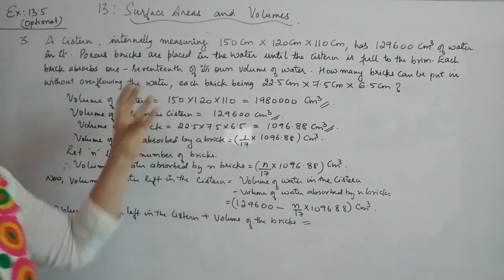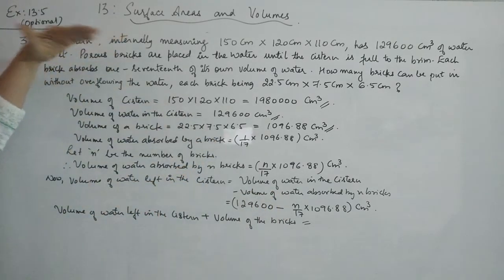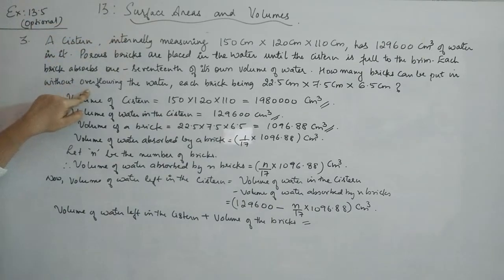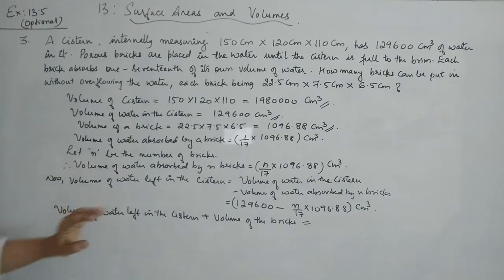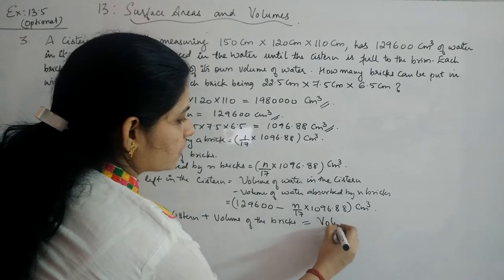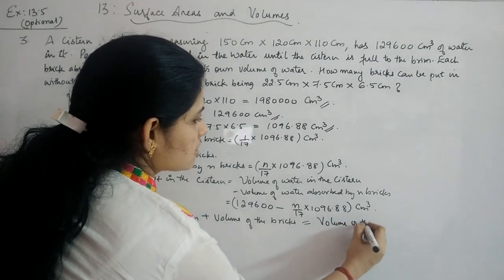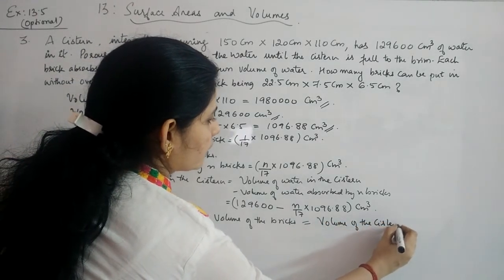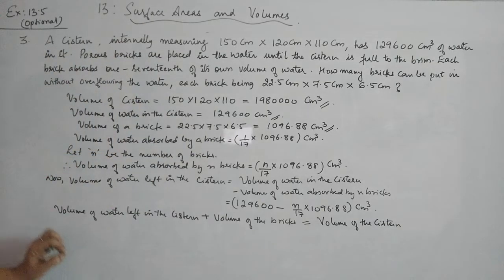Because we are putting the bricks to the brim, that means it should not overflow. The water should not go out, and till that moment we have to put the bricks. So that should be the same as the volume of the cistern only. Now equating these, we can find out what N is equal to.